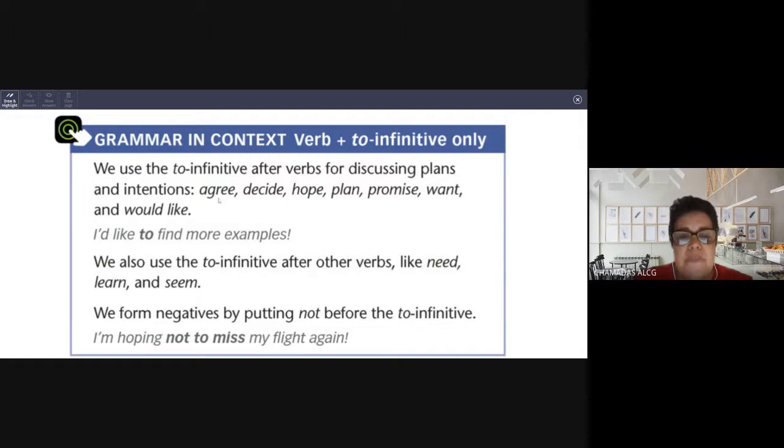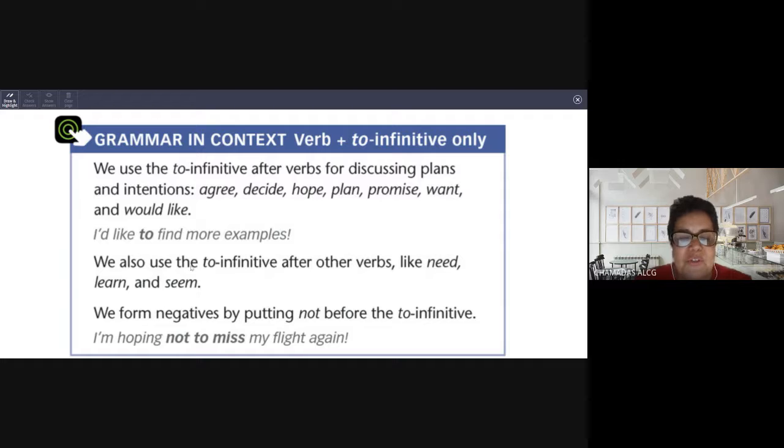Verbs like agree, decide, hope, plan, promise, want, and would like. After these verbs, we use to plus infinitive. Example: I'd like to find more examples, okay?